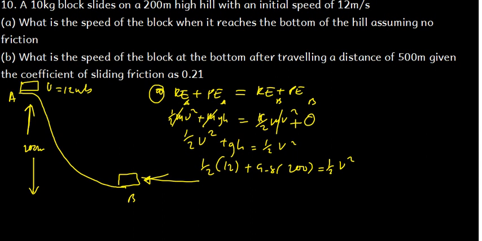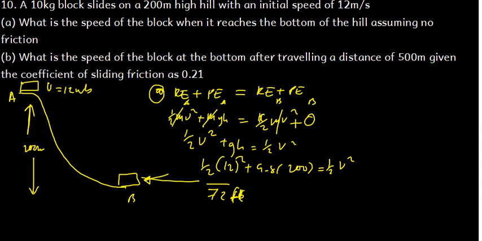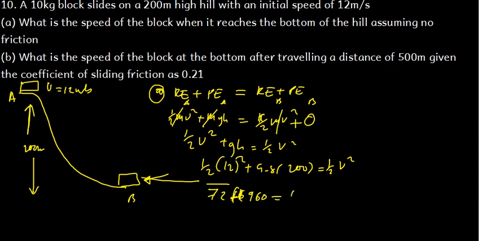So this portion here: 12 squared is 144, divided by 2 gives 72. Then plus 9.8 multiplied by 200, which is 1960. That should be equal to half v squared.